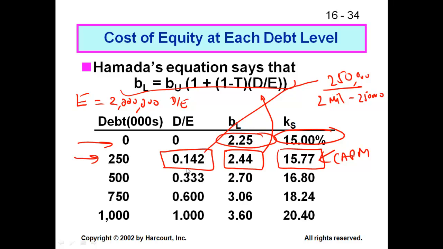So this is 0.12, 2.44 again Hamada, and Ks is CAPM. So now do we need to do the rest, or can you believe that the numbers here are correct? Okay, you believe, alright. So you've understood where this table came from. Okay, are we ready to move on?